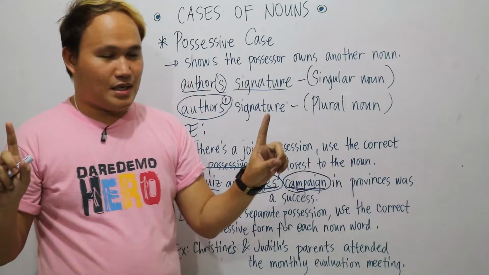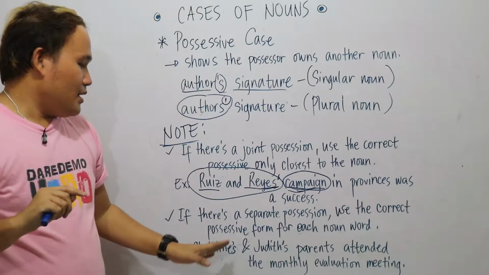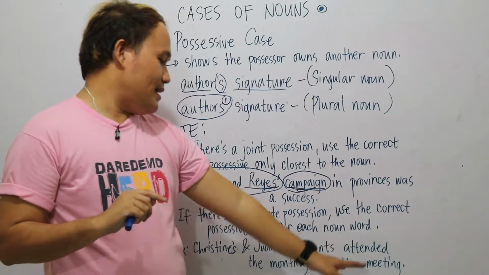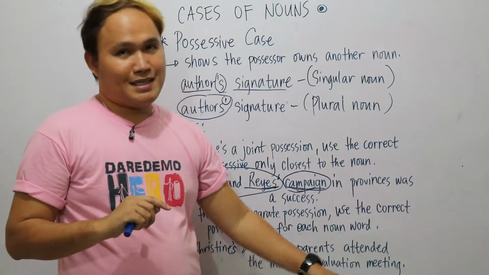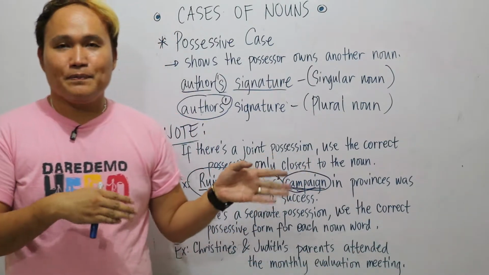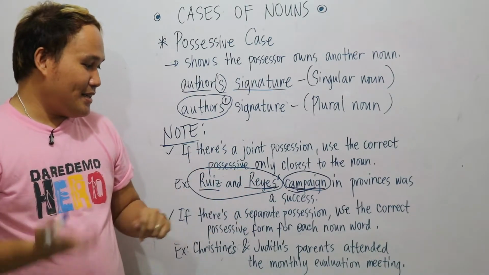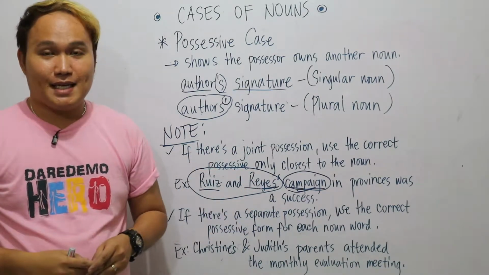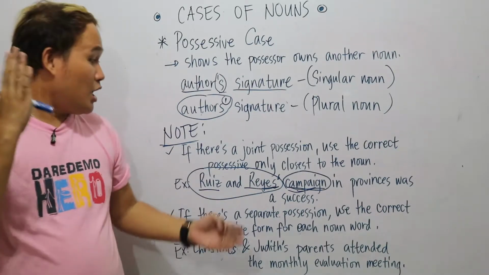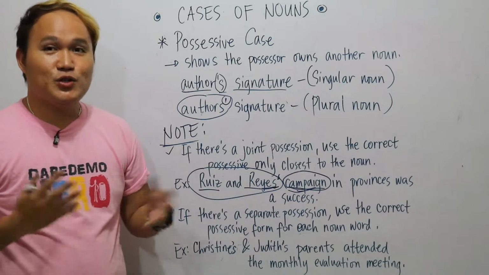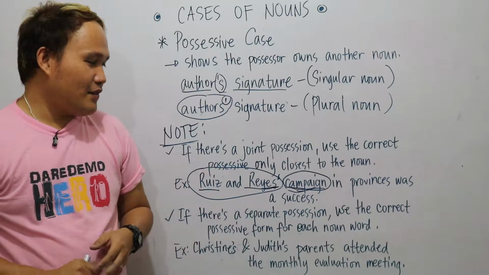For example: Christine's and Judith's parents attended the monthly evaluation meeting. Whose parents attended the monthly evaluation meeting? Christine's and Judith's parents.